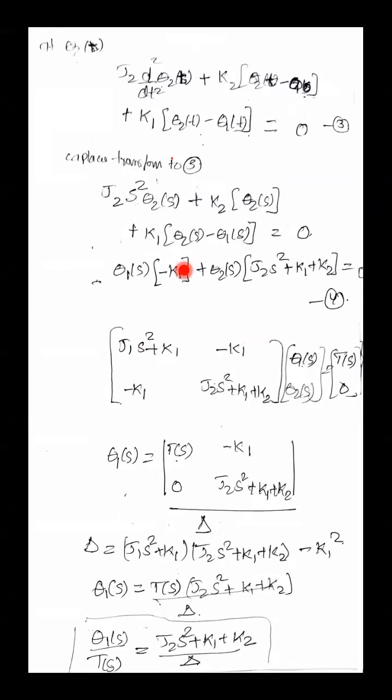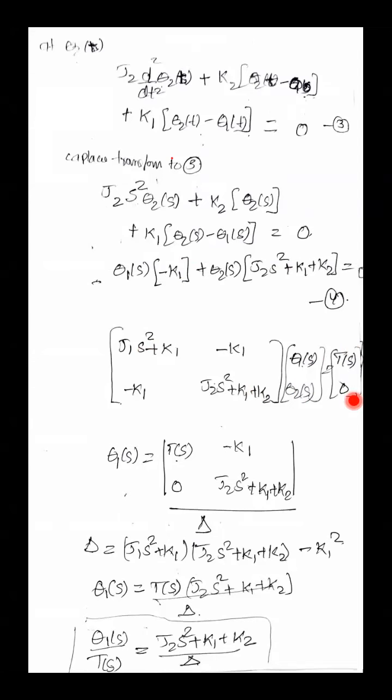This minus K1, J2 S square plus K1 plus K2 comes from the second equation. Theta1 of S is a variable from the first equation, theta2 of S is a variable from the second equation. T of S is the constant from the first equation and 0 is the constant from the second equation.